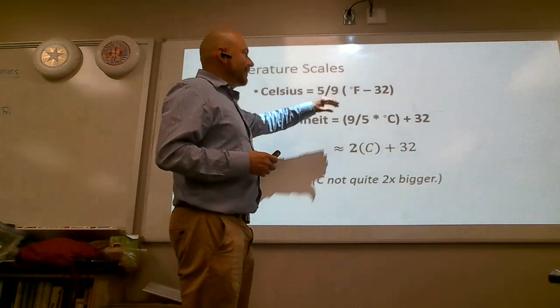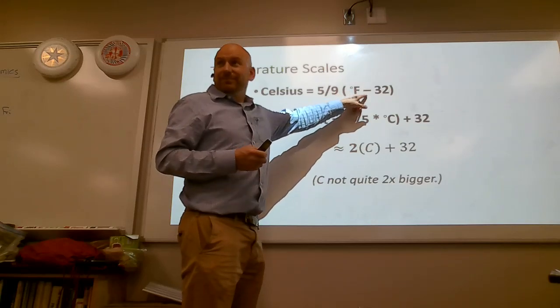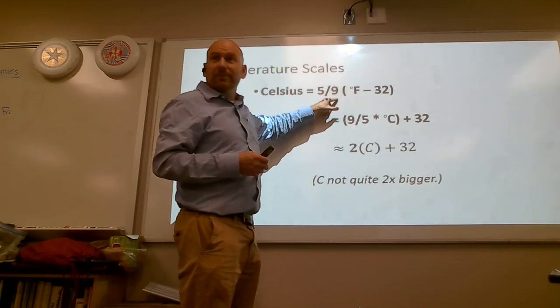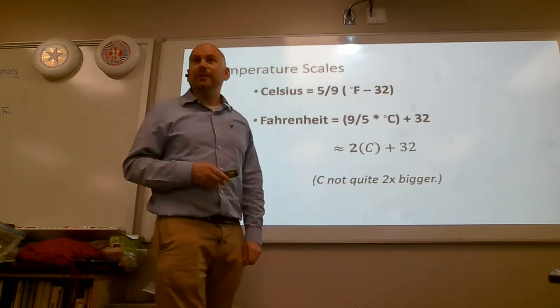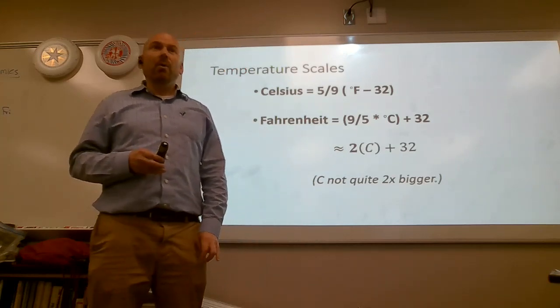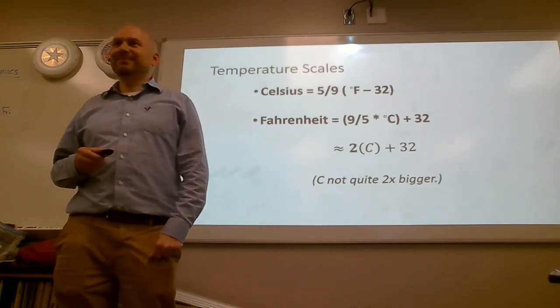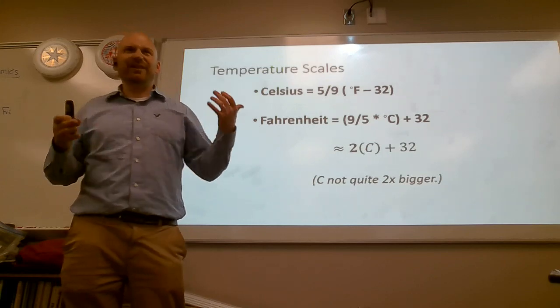So you take away 30, so -40, and then divide by 2. So you can say it's around -20 degrees Celsius, and they'll be like, whoa, that's really cold. Just trying to make this good and practical.